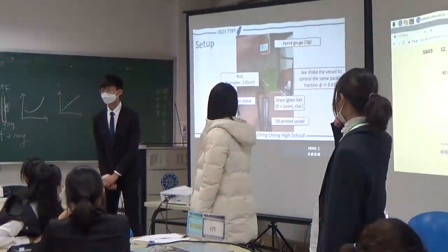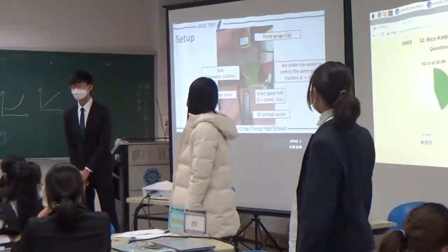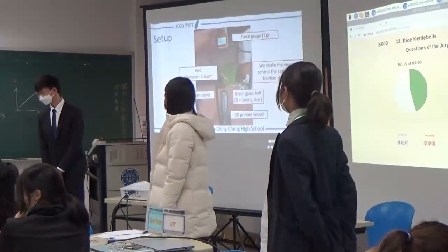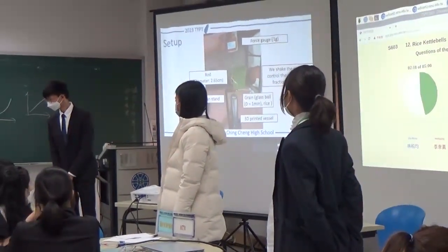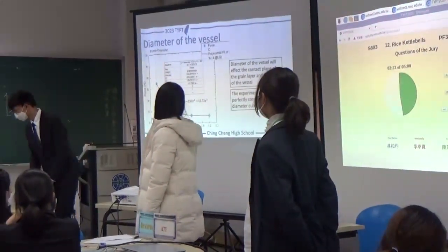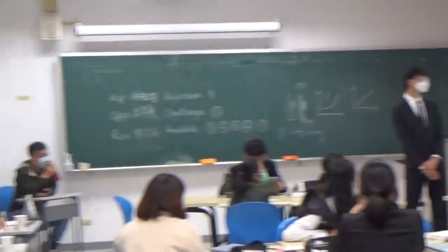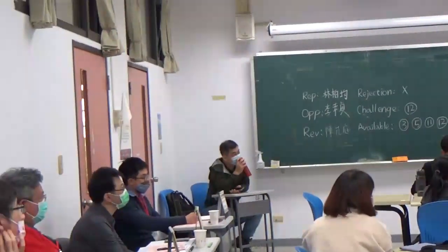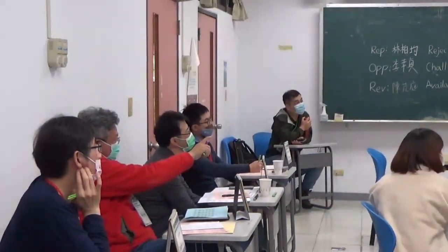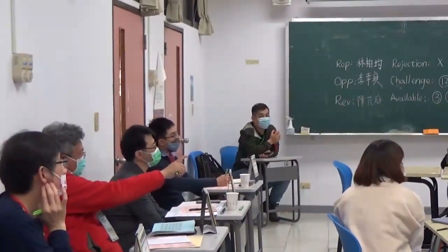And okay, can you go to the page about the vessel, the diameter of the vessel, the graph. Okay. This is the diameter of the vessel, right? Yes. And you see the x-axis, right? It's around 1.5 centimeters to 3 centimeters, right? So your rod is bigger than your vessel.